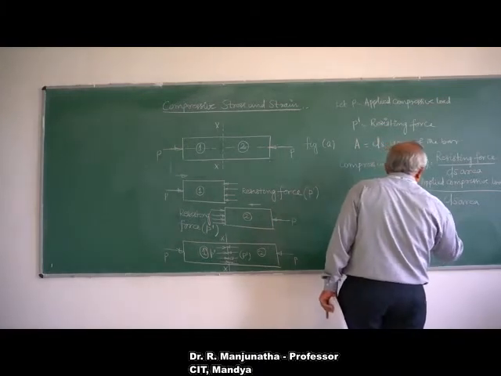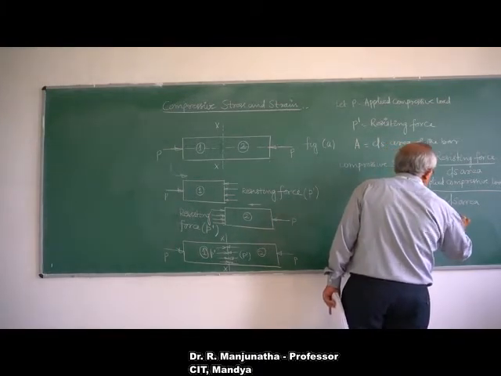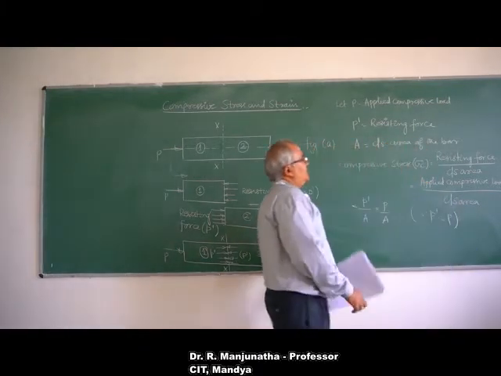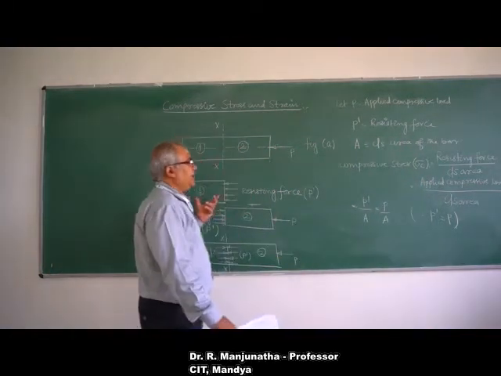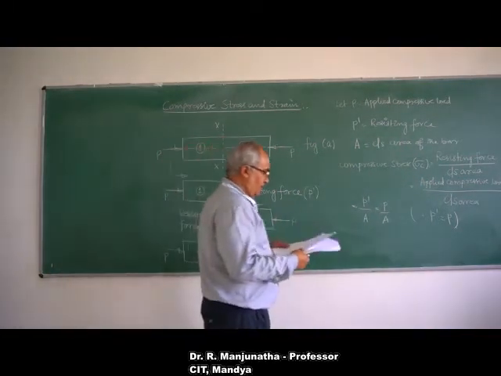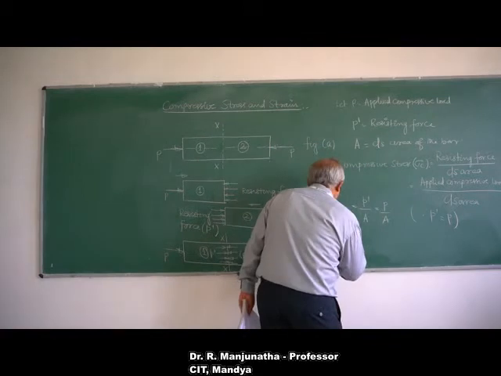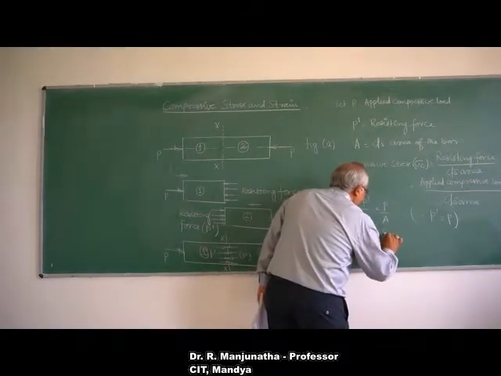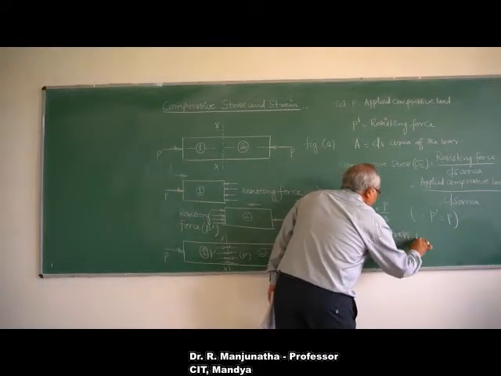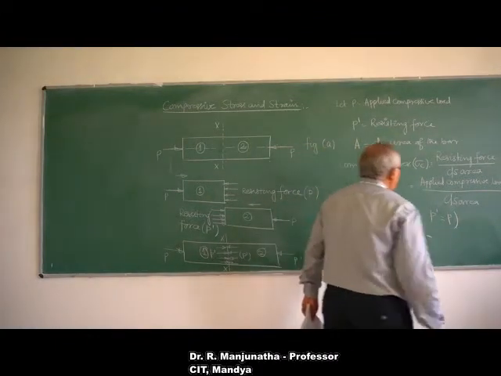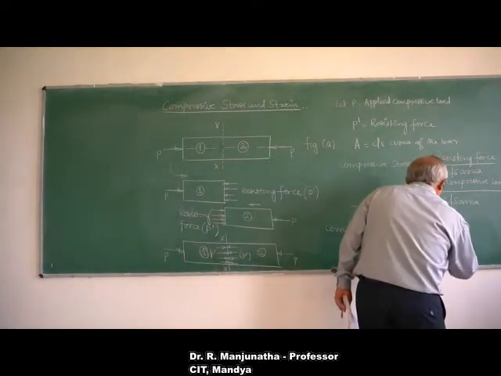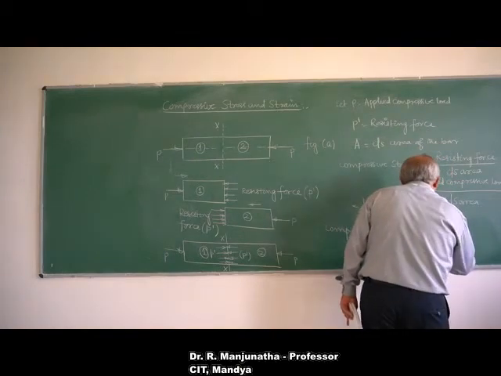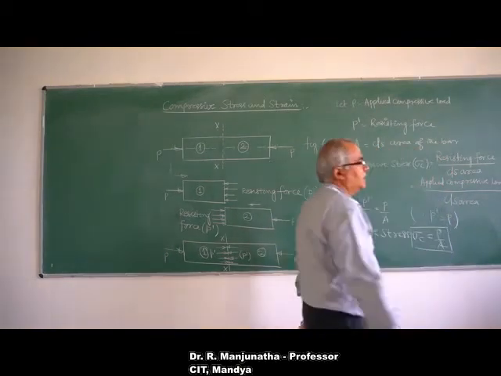Because P dash will be equal to P, since the body has to be in equilibrium. Therefore, compressive stress sigma C will be equal to P by A.